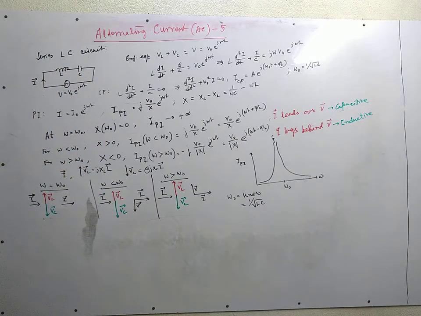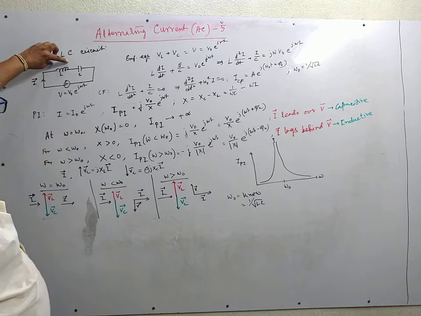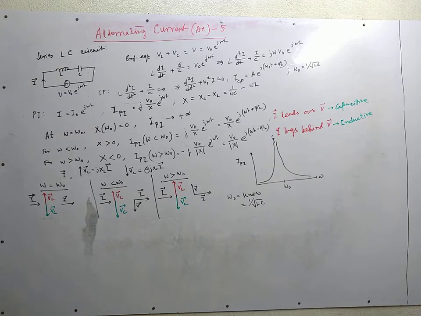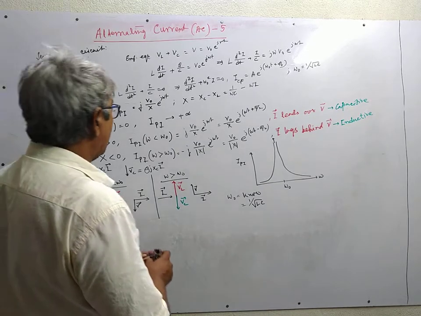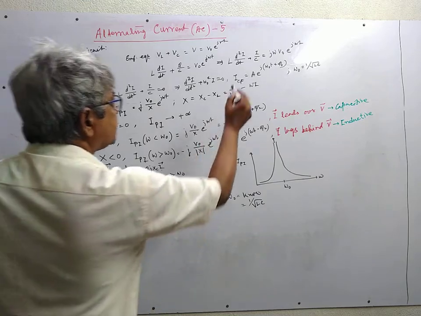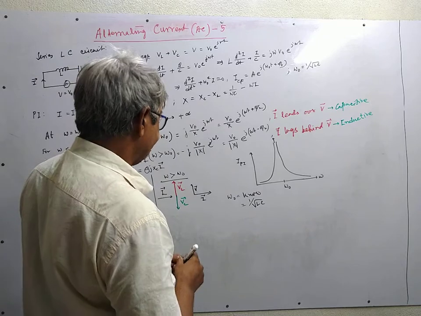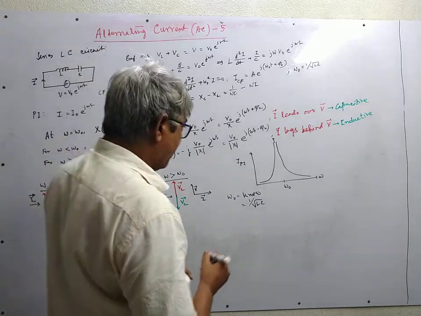Now one thing we haven't considered till now is that in reality the L and C have some series resistance associated with them. So for the total resistance of the circuit, I will need this expression.